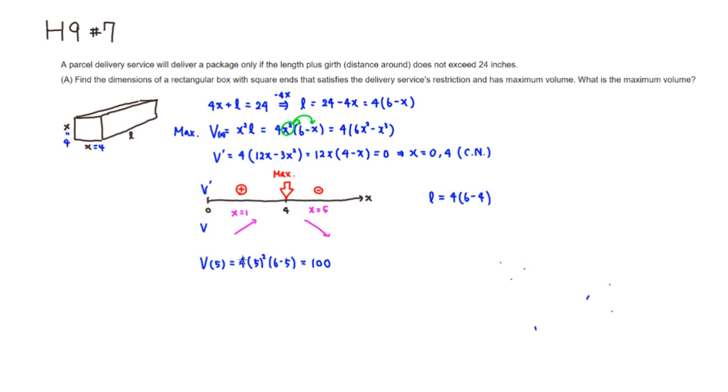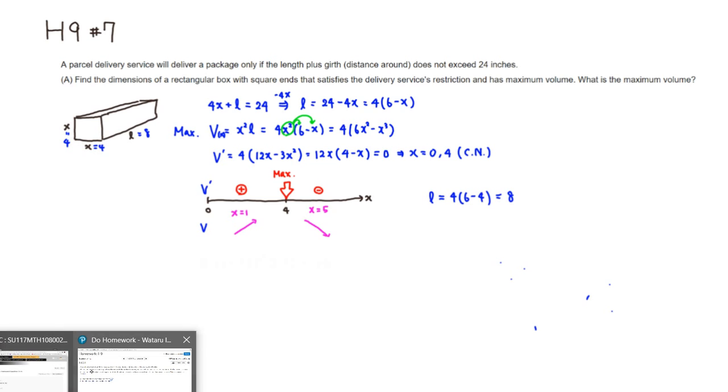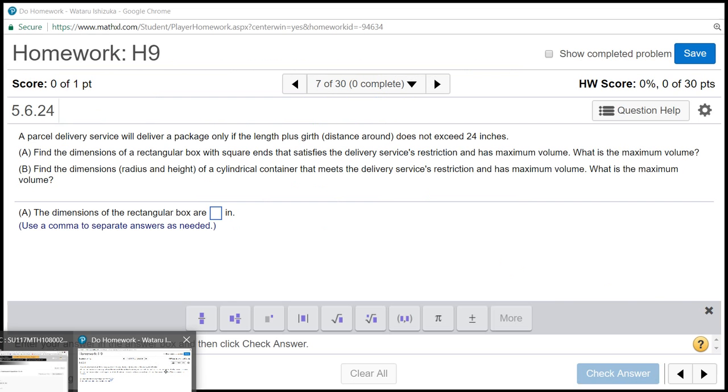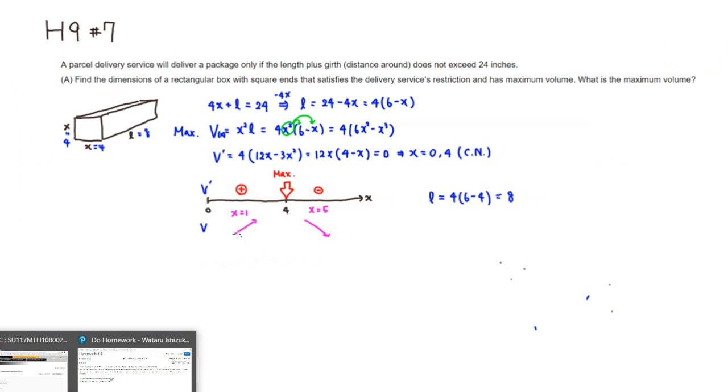Oh, actually, I messed up. Sorry about that. I lied because I plugged in 5. I should have plugged in 4 there. So it's 8. It looks like it's a 4 by 4 by 8. So forget about the V of 5, because I was supposed to find V of 4.